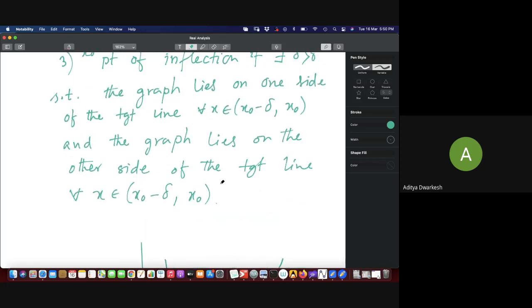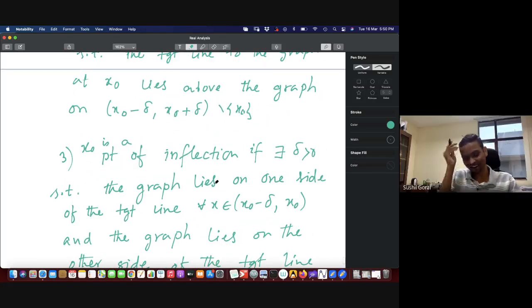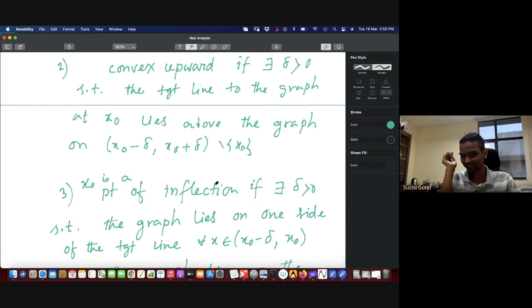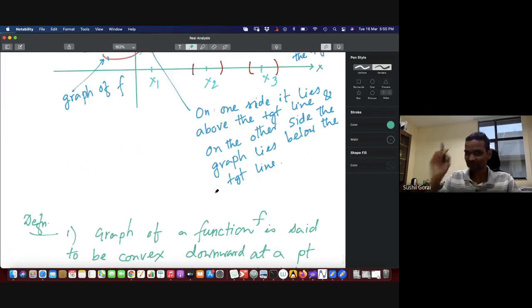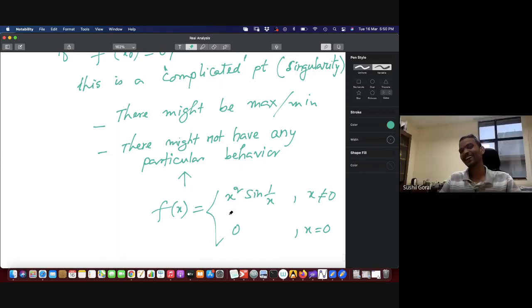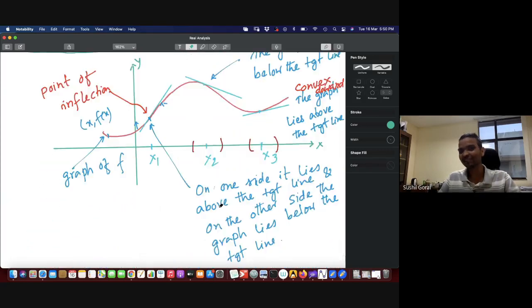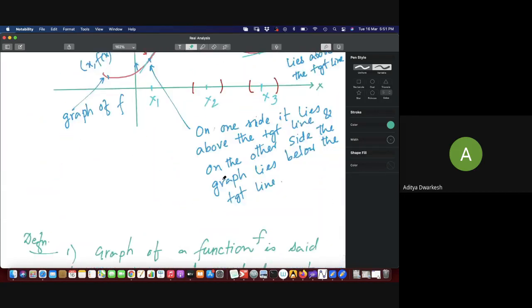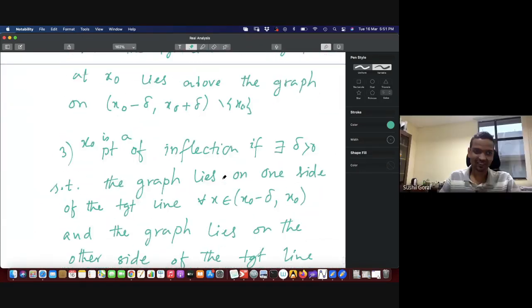Like a function has to be one of these three? So we already have an example. This is not exhaustive. So what is the example? x squared sin(1/x) at x equal to 0. Right. So this one, you don't get any of this behavior from this one. Yes. All right.